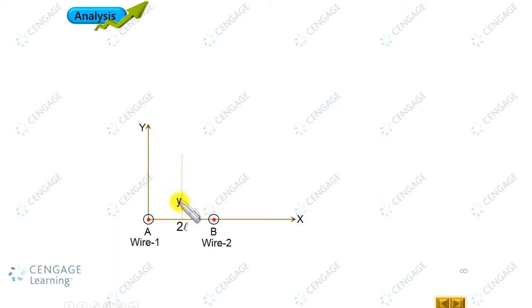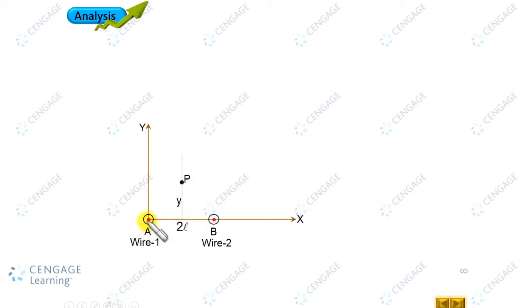Suppose at a distance y from this point, you can follow the tip of my pen, at a distance y from this point, say point P, the magnetic field is maximum. You can observe here that the distance of this point P is equal from wire 1 and wire 2.